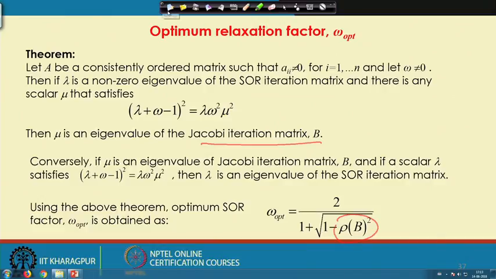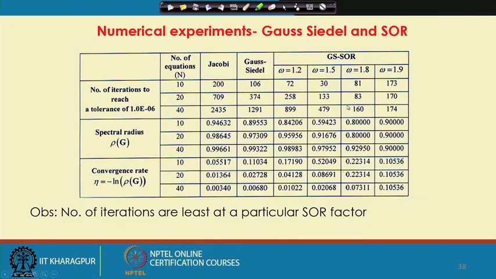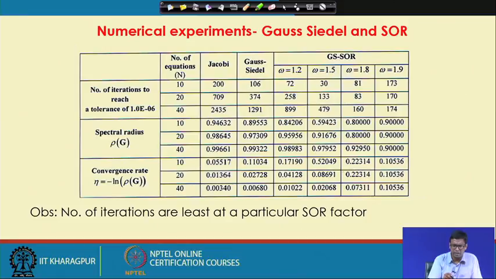Now we will continue the numerical experiment we did earlier, with different values of omega for SOR. For the 20 by 20 matrix, Jacobi needed 709 steps and Gauss-Seidel needed 374 steps. For varying omega, omega 1.2 takes 258 steps, omega 1.5 takes 133 steps, and omega 1.8 takes 83 steps.